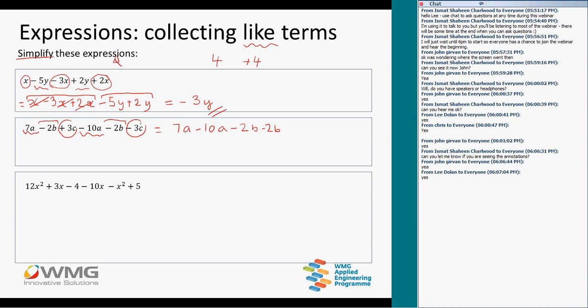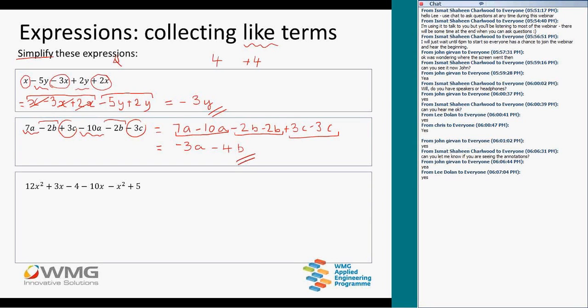Okay, collect together all my a terms. 7 minus 10a is minus 3a. Minus 2b minus 2b will result in minus 4b. And finally, minus 3c plus 3c will just cancel out and give me 0. So that'll be my final result, minus 3a minus 4b.